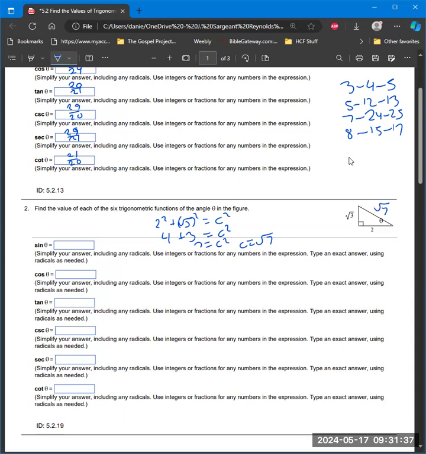And that means that we should probably multiply everything by the square root of 7 here to find a triangle with equivalent ratios where the hypotenuse is not going to have a square root in it. So that's going to be 3 times 7 is 21, and this is going to be 2 root 7.